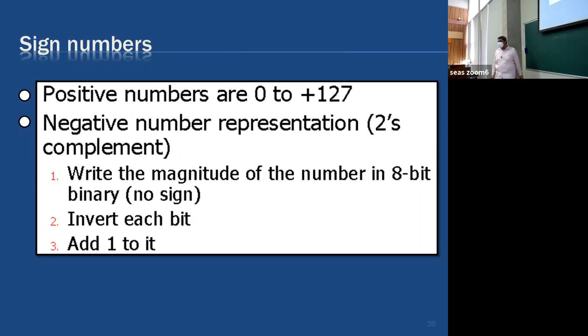In 8-bit format, what is the 1's complement and what is the 2's complement? Very quick review. What is the 1's complement? And online you can type the 1's complement and 2's complement.